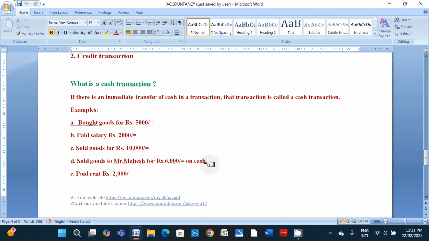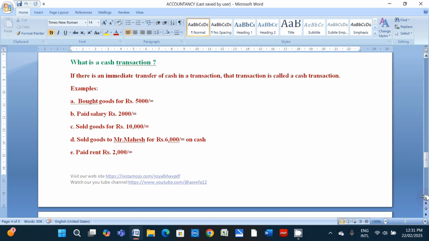It is not a credit transaction. Paid rent rupees 2,000. Rent for using the building, we are paying the rent. That means we received the service already and we are paying cash immediately. That is called a cash transaction. You have to understand what is a cash transaction.